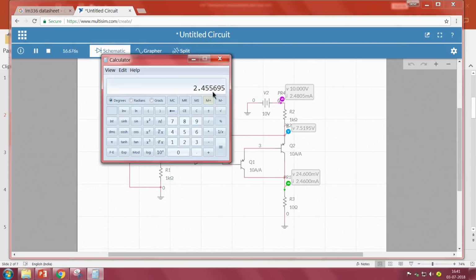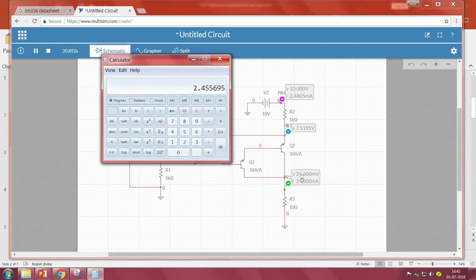So, this is the current flowing in the collector. If you recall the relation between IC and IE, IC is always equal to alpha times IE. As a result, the current across your collector will always be smaller than the current across your emitter.